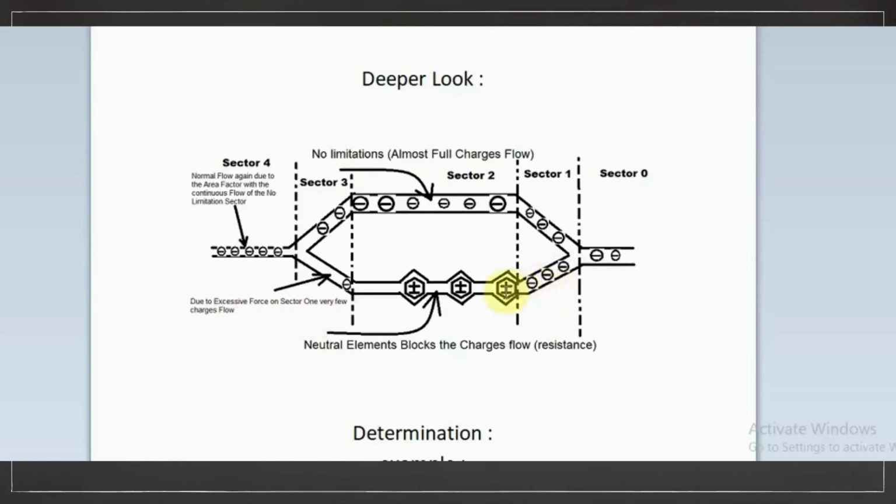It's going to hit the neutral elements, then hit the one after it, and the one after it. Then after some time you're going to find the electrons flow very weakly through sector 3 in the resistance wire. Then we're going to reach sector 4, where the electrons flow normally again.